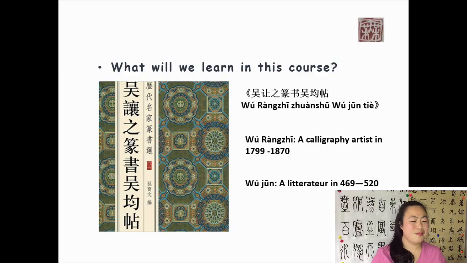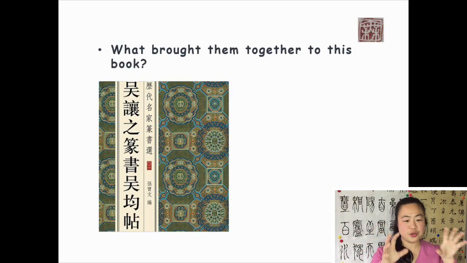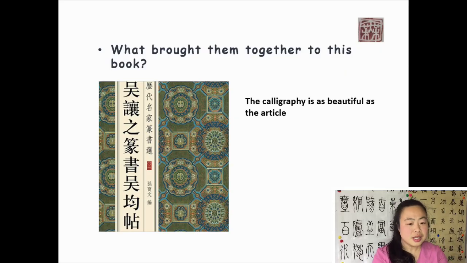You can see Master Wu Rangzhi is more than 1,000 years younger than Wu Jun, right? So, what brought these 2 famous people together into this book? One is more than 1,000 years older than the other. So the answer is, the calligraphy is as beautiful as the article.